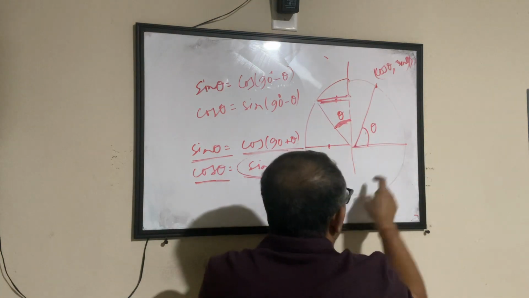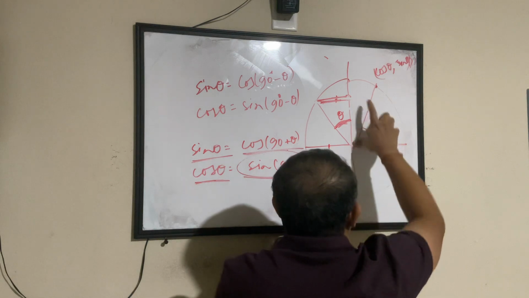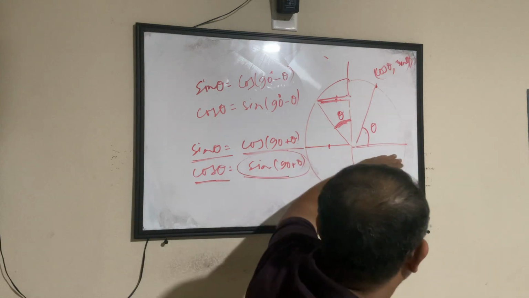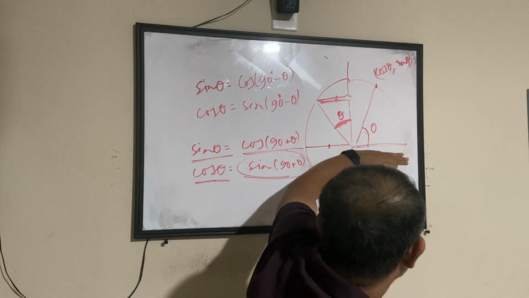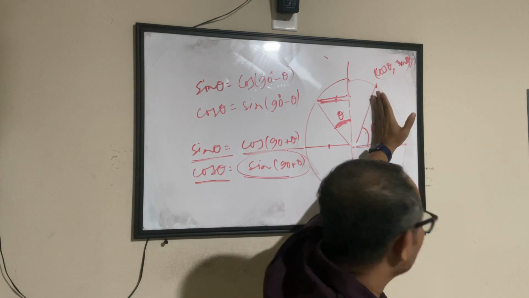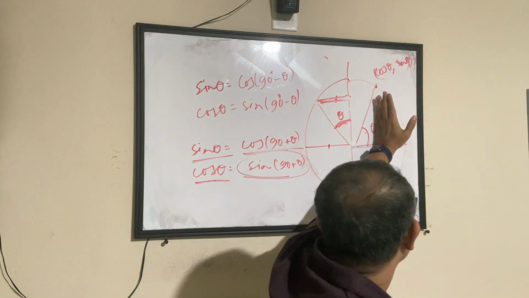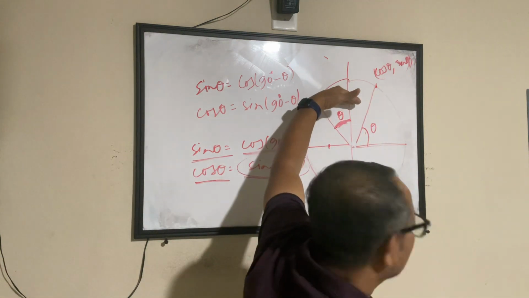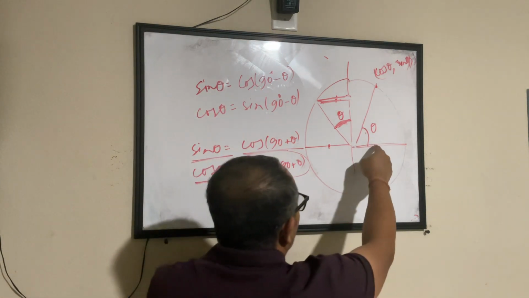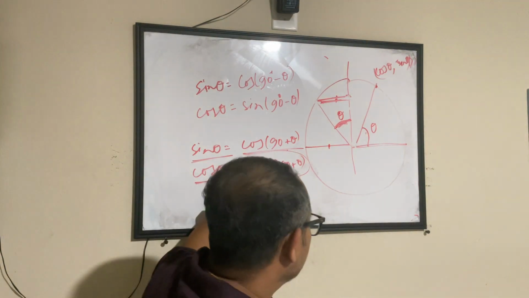So this will be negative, and whatever is your base here becomes your y coordinate. Whatever was your x before became y. So x was positive, y remains positive. Whatever was your y coordinate became your x coordinate, and that will be negative. So this is the absolute value, and then you have to relate with which quadrant it is falling into, and that will give you the value being positive or negative.